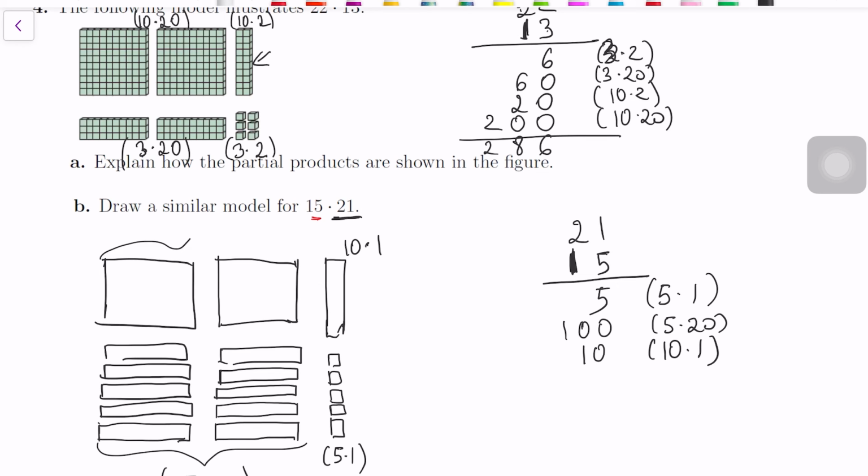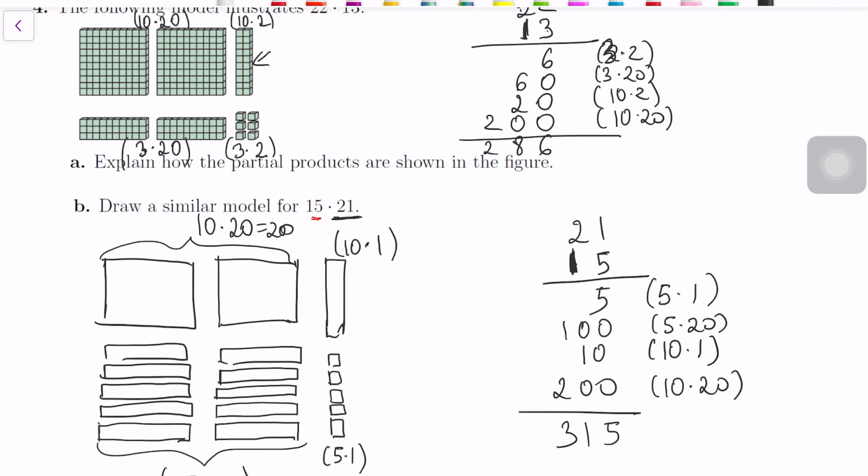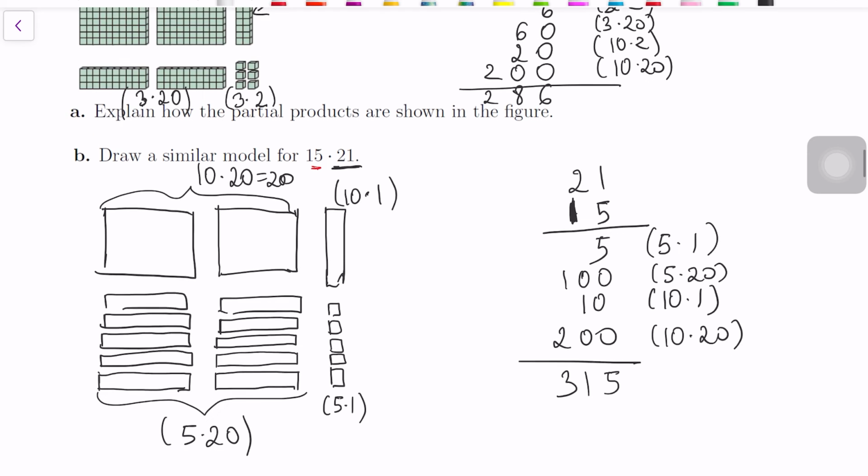So this corner here, right, is 10 times 20. So I have 10 times 1, and then 10 times 20. Right? So when you count it all together, you have 315, and you can count how many you have.